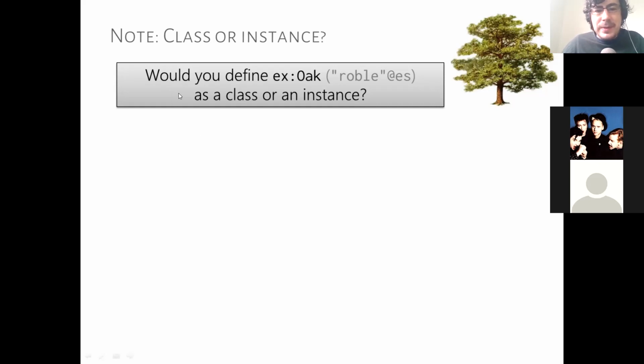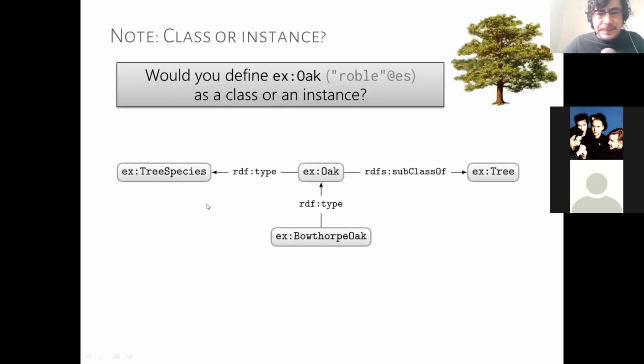To give an example, would you define oak, the species of tree, as a class or an instance? I've perhaps given a big hint that in some sense it's both. What do I mean by this? I mean that an oak is an instance of tree species.